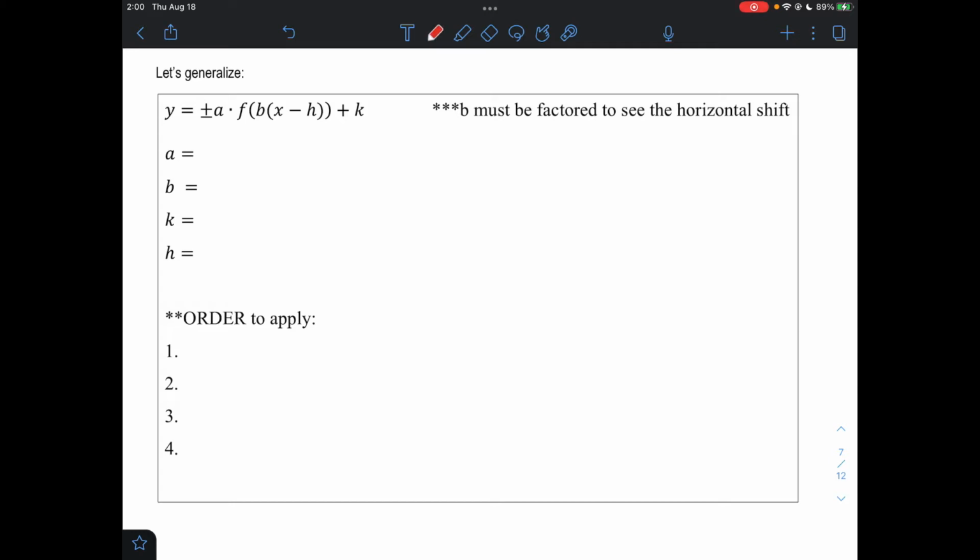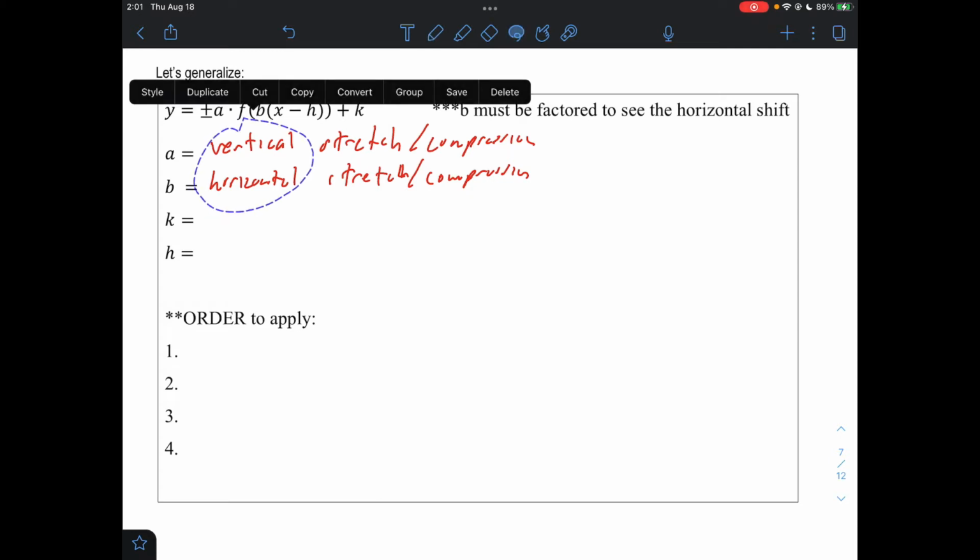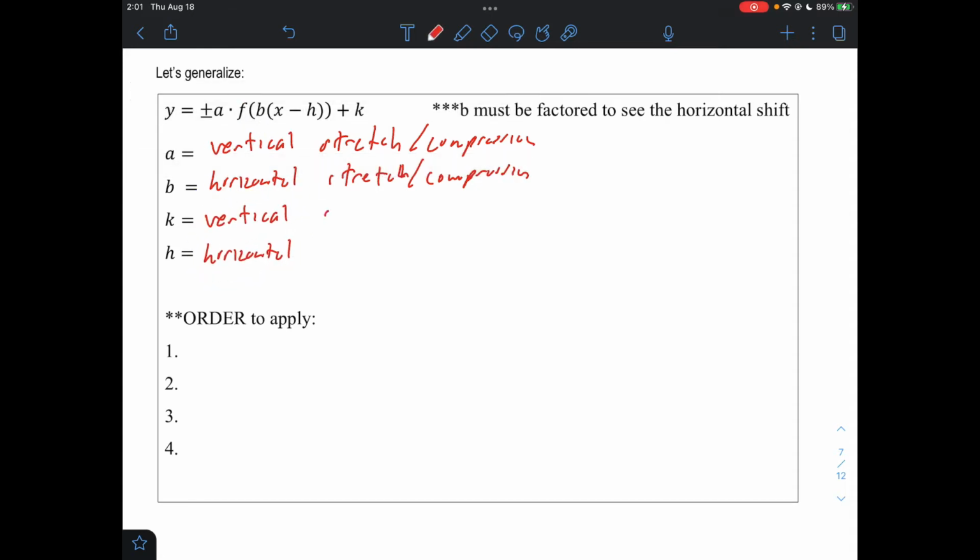So a, let's remember, is a vertical stretch or compression, depending on the number in front of the function. b is a horizontal stretch or compression. k is our vertical shift, and h is our horizontal shift.